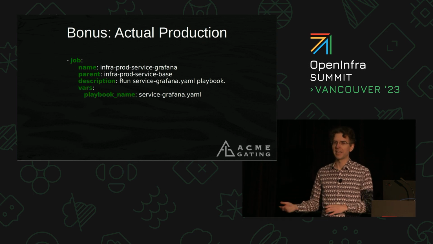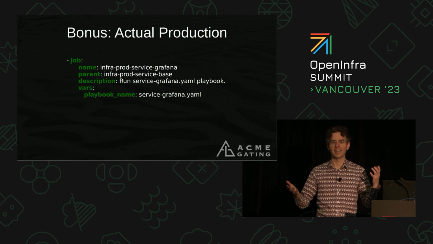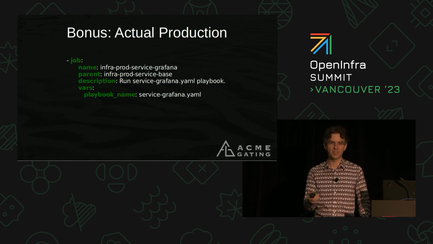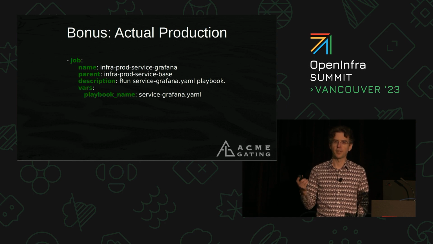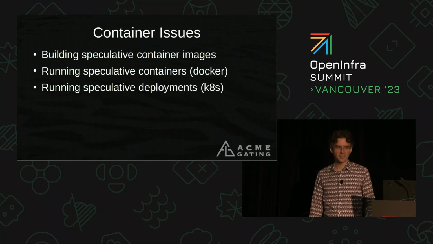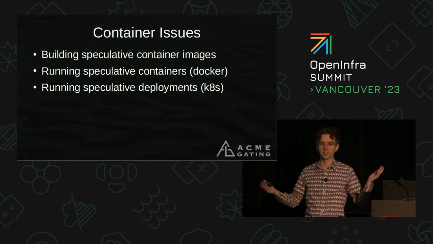So if we made a change to Grafana and pushed that up for review, and everything looked good, and we merged that change, then this job is going to run those playbooks against the production system. So there's kind of a lot of magic behind this that I've glossed over.